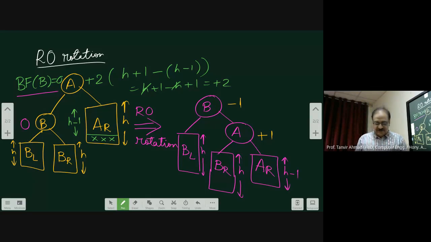Now, that means what I said is that when you apply a rotation, you are deleting on the right side. But this 0 will come not because of the right side, but the left side of the node which had an imbalance.